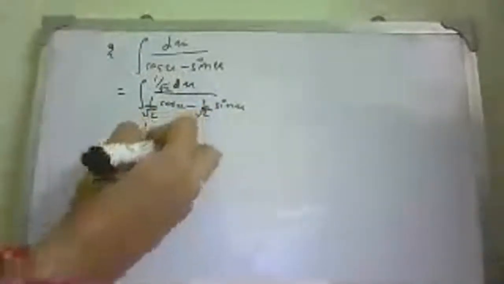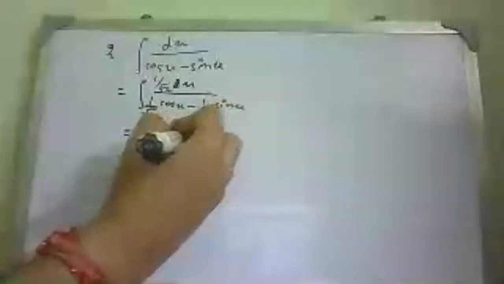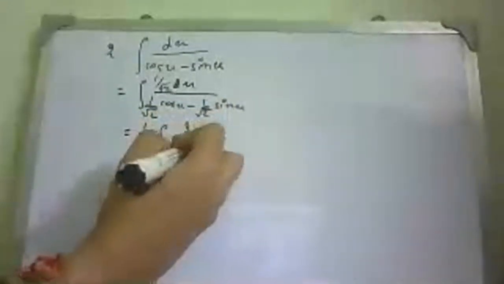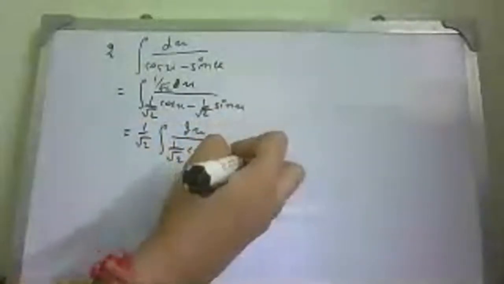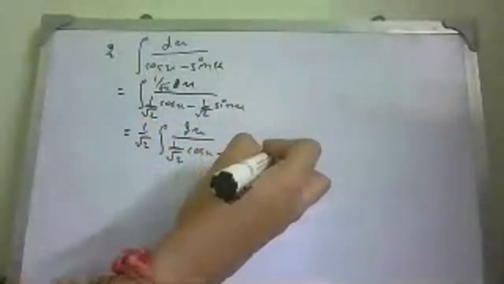Since this is a constant, we can take this out of the integral. We have dx over 1 over root 2 cos x minus 1 over root 2 sine x.